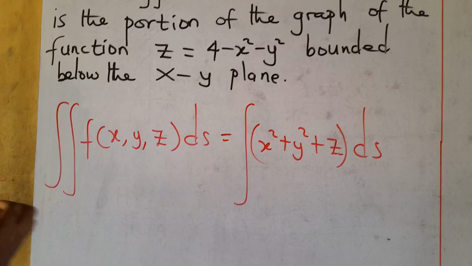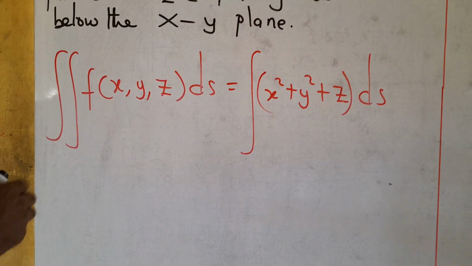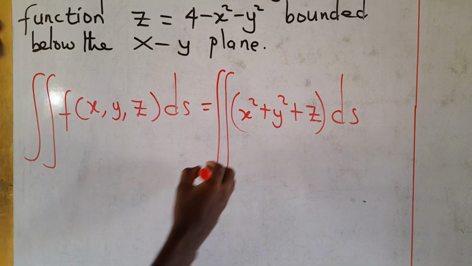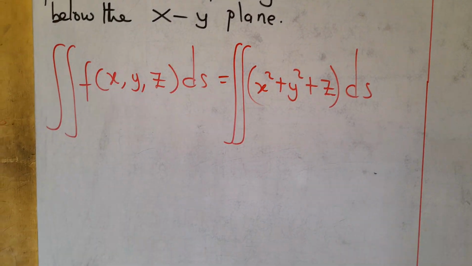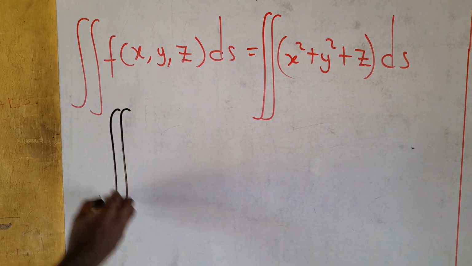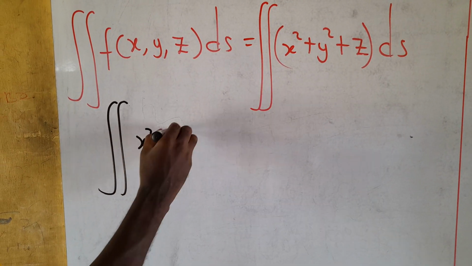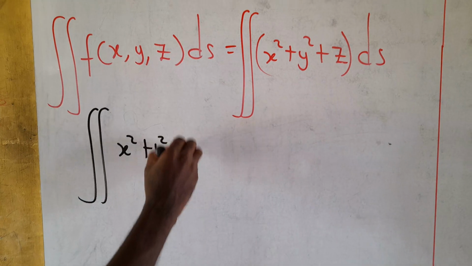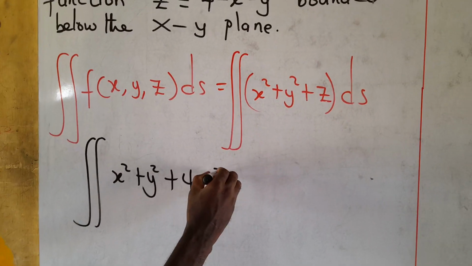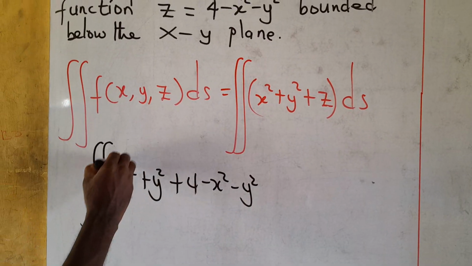So we can have our double integral. Please remember, this is a double integral. We can have the double integral of x squared plus y squared. In place of z, we substitute plus 4 minus x squared minus y squared.